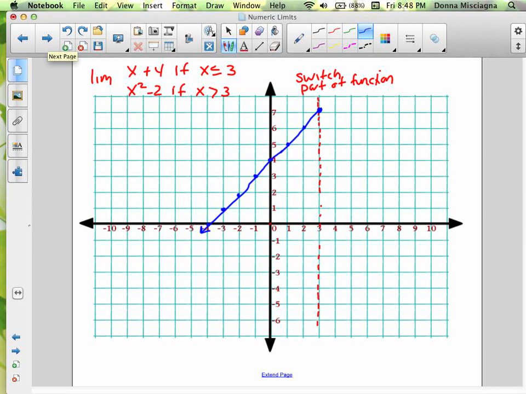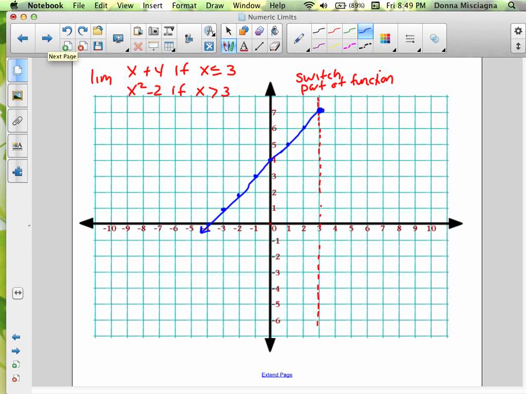How about the right-hand side? On the right-hand side, we have a parabola. So when x is 3, 3 squared minus 2, it's going to be 9 minus 2, or 7, as well.